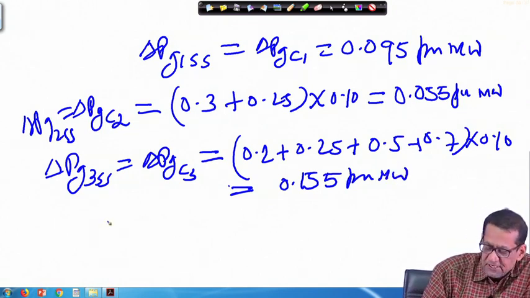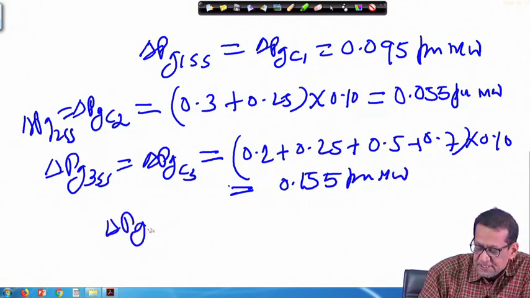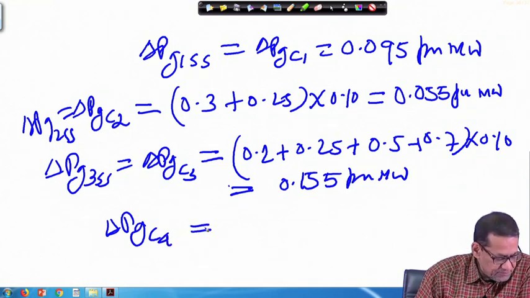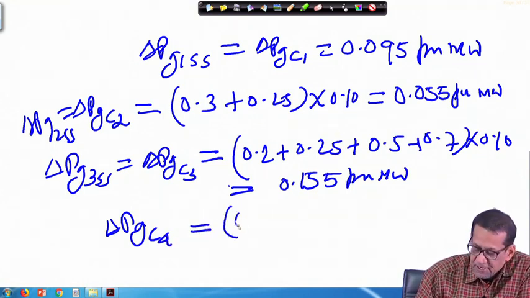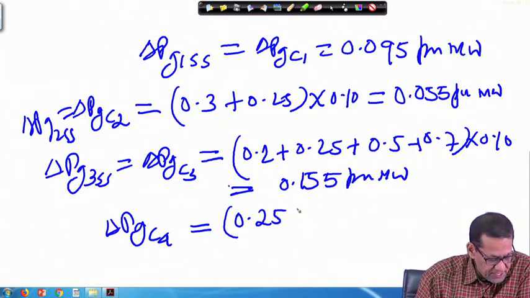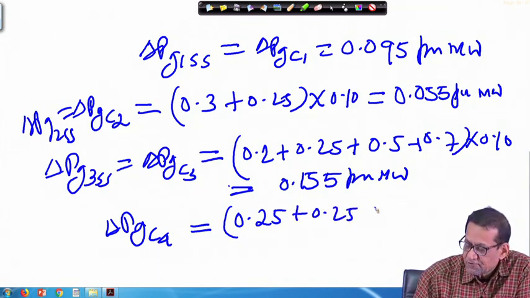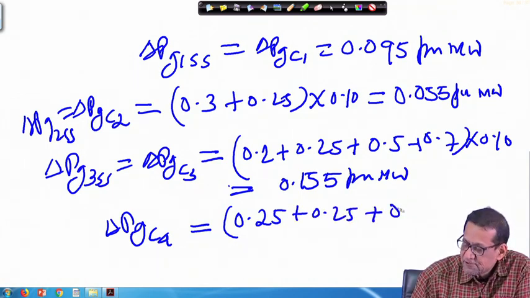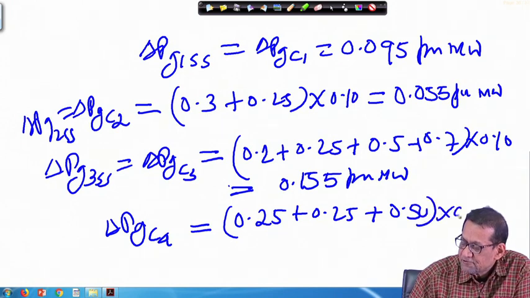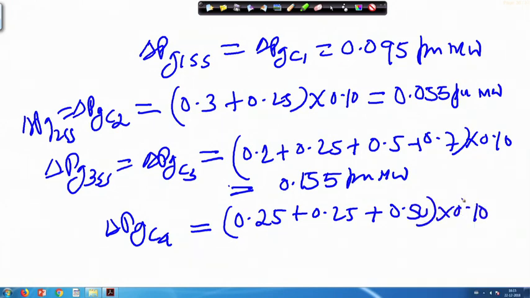Similarly, delta PGC4 is 0.25 plus 0.25 plus 0.50 into 0.10, which is equal to 0.10 per unit megawatt.